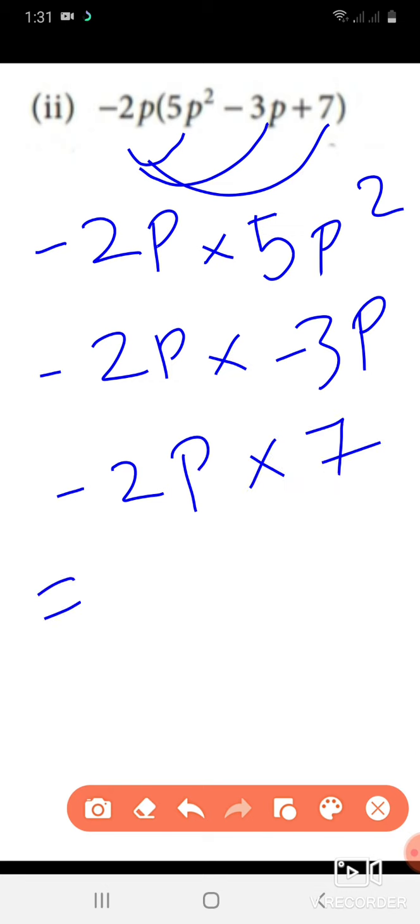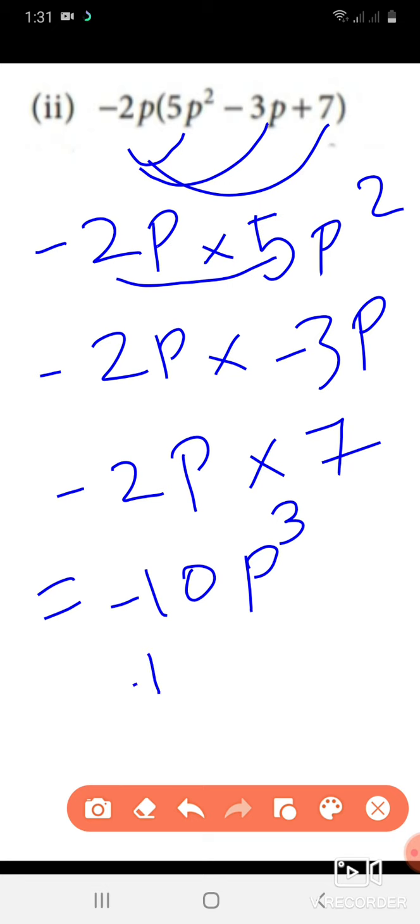Okay, so now first on sign, different sign, so minus you can get. 2 5s are 10 p power, shall we write directly? p power 1 and 2, so 3 we can get. Okay, and come to the next term, minus into minus plus, you can get 2 3s are 6 p power 1 plus 1, 2.